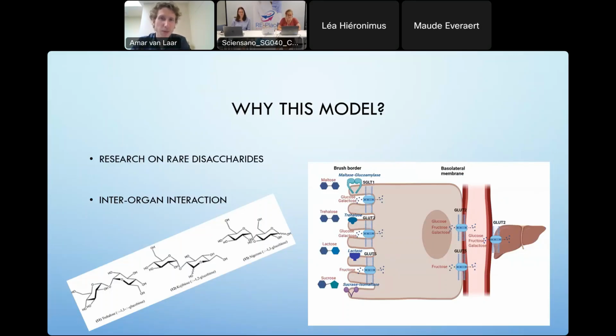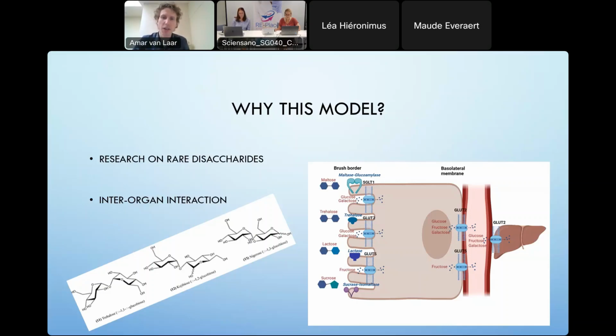Let's first have a look, why are we interested in those co-culture models? So we were investigating the health effects of rare sugars and more specifically rare disaccharides. And here in this picture, we can see that disaccharides consist of two monosaccharides, and they are digested largely at the brush border of the small intestine.